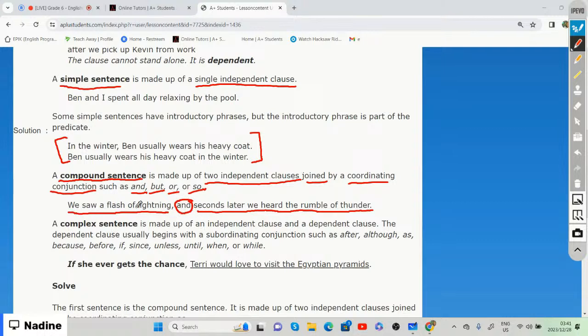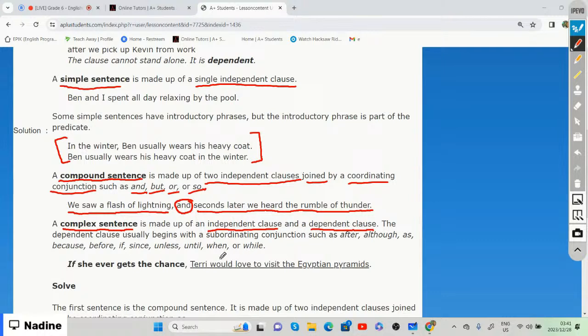So it says, "We saw a flash of lightning, and seconds later, we heard the rumble of thunder." That is a compound sentence, which is made up of two independent clauses joined by a coordinating conjunction, such as and, but, or, so. And then again, we have a complex sentence, right? It is made up of an independent clause as well as a dependent clause.